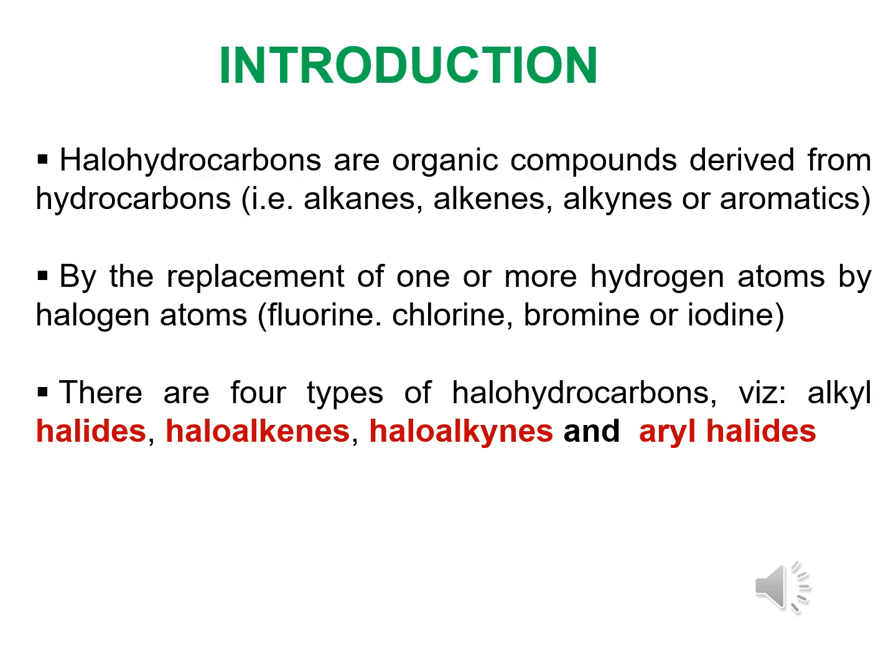Halogenated hydrocarbons are obtained by simply replacing one or more hydrogen atoms of these hydrocarbons with halogens. The halogens are fluorine, chlorine, bromine, and iodine. This will give rise to 4 types of compounds, which are alkyl halides, haloalkenes, haloalkynes, and aryl halides or halobenzenes.